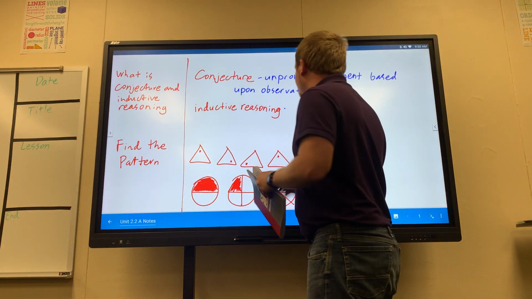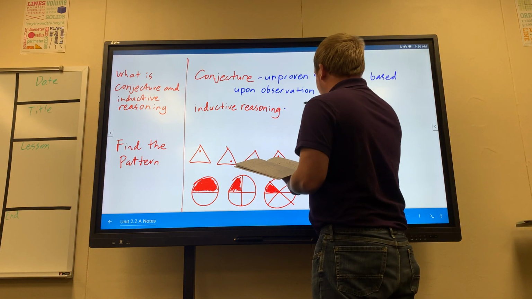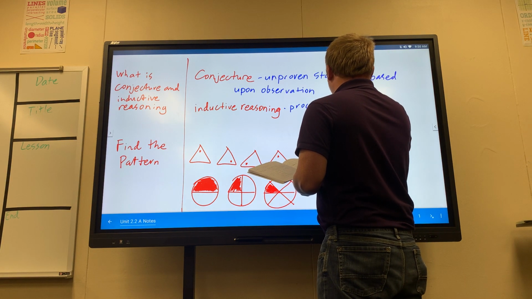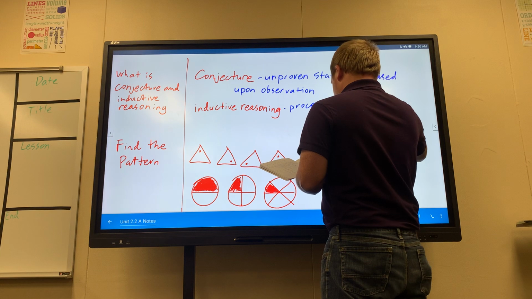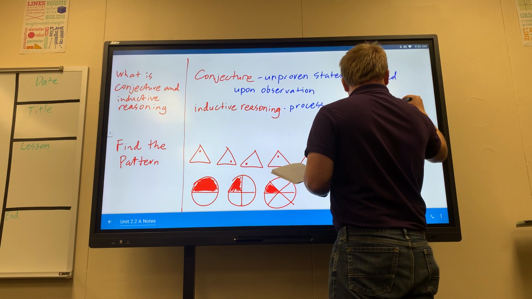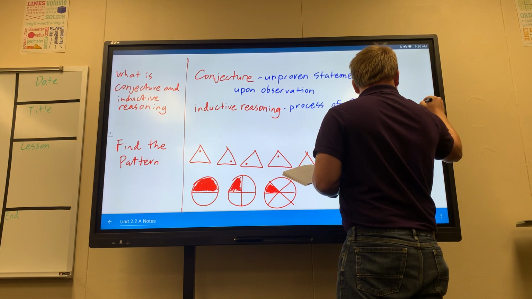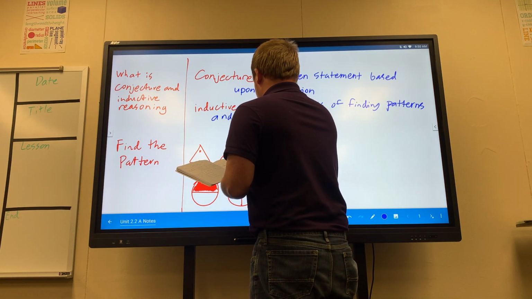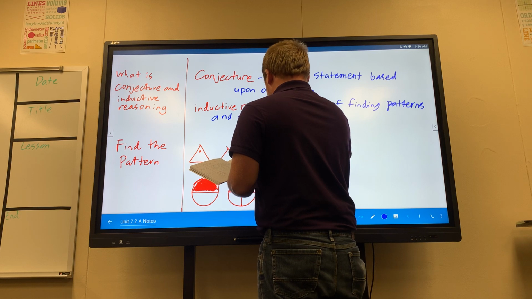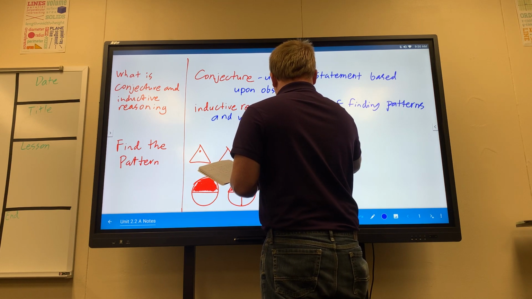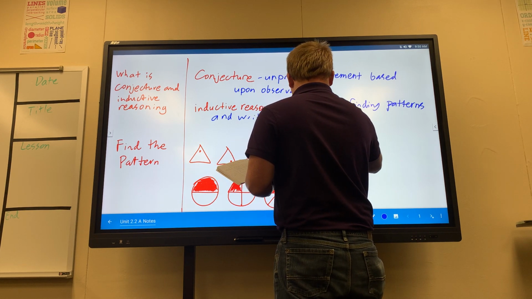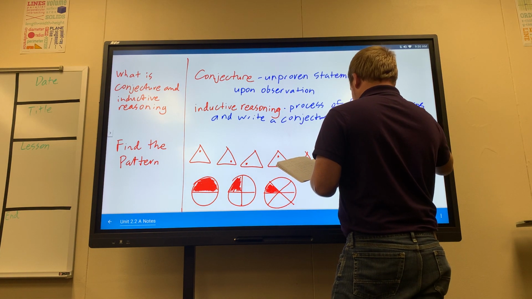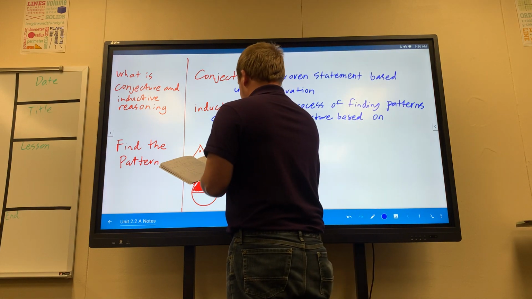Now, inductive reasoning is a process of finding patterns and writing a conjecture based upon specific cases.